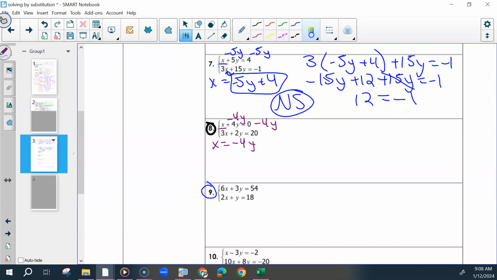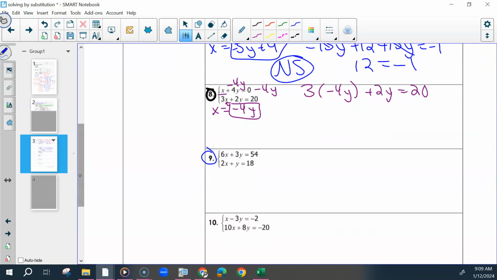You can put the plus 0, you don't need it though. What's our next step? Plus 2. What would we do now that we have that equation with the variable by itself? We're going to substitute it for x in the other equation. Put this into the second equation where x is. So we have 3 times negative 4y plus 2, plus 2y equals 20.